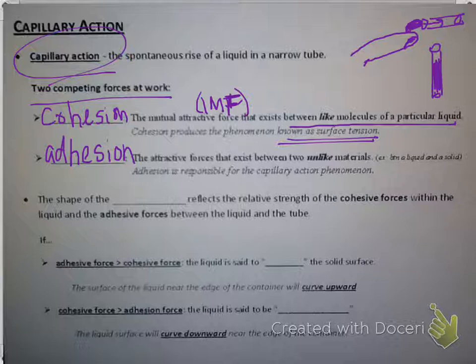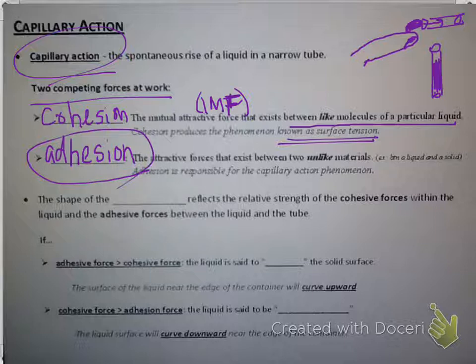But anyway, most of the time when you take tape, you're not sticking tape to tape. You're taking tape and sticking it to paper or a packing box. Your two unlike materials are going to be forced to be held together. So think of that when you think of this word adhesion, or the force of adhesion.